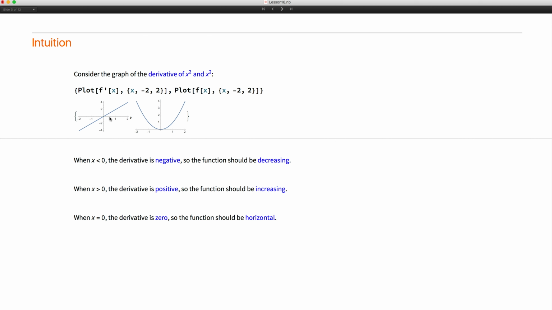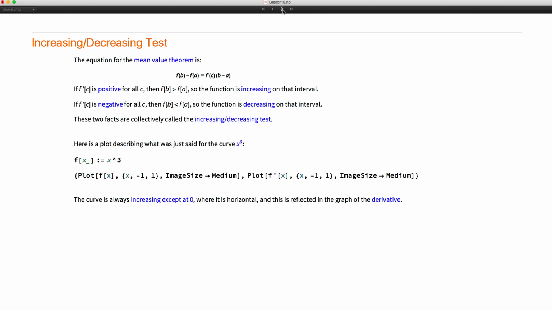And when x is positive, the derivative is positive, and that says that the function is increasing. And finally, when x is 0, the derivative is 0, and that says that the function is horizontal just at that point. So with that background, we can now talk about the increasing and decreasing function test.